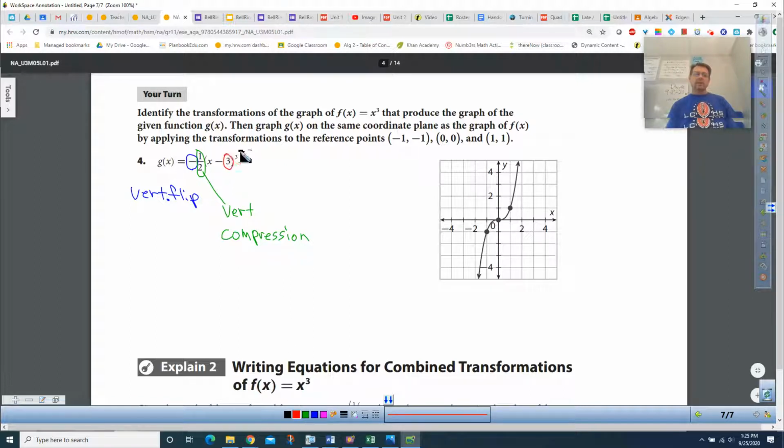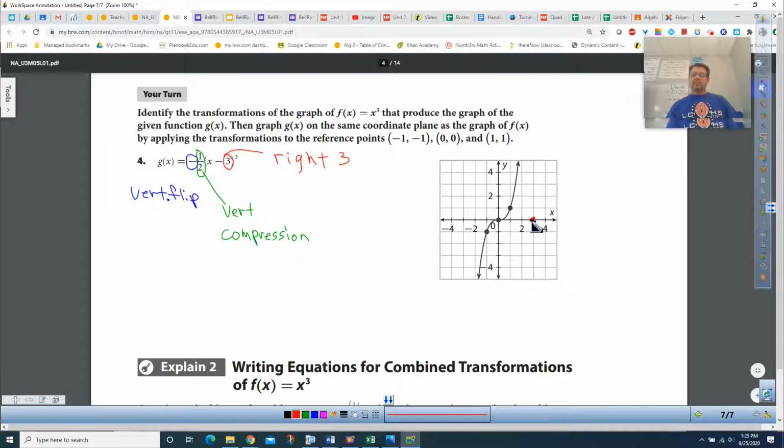What's this 3 doing? It's going to go right 3. So that's what's going to happen with these guys over here. So the vertex is going to go right 3. Okay. And instead of going over right and up, it's going to go down.